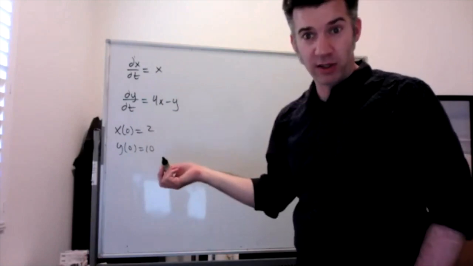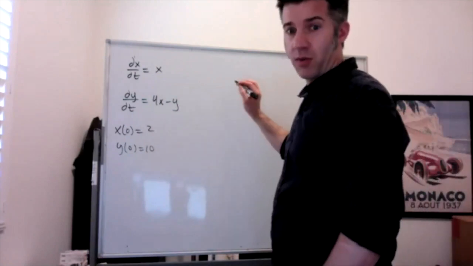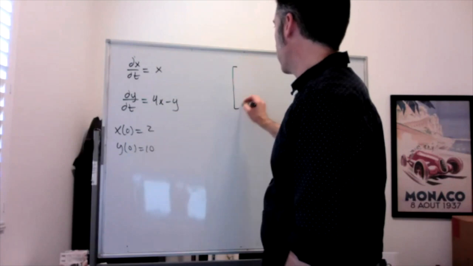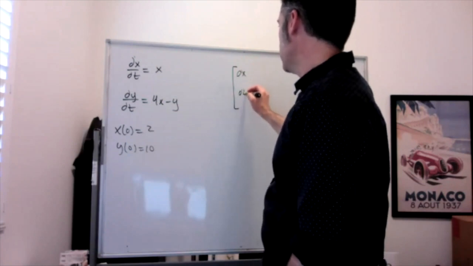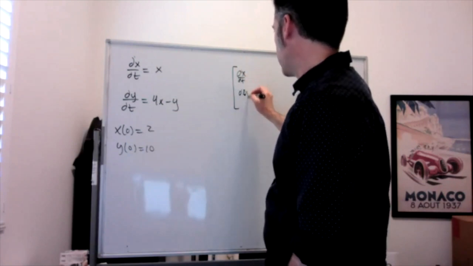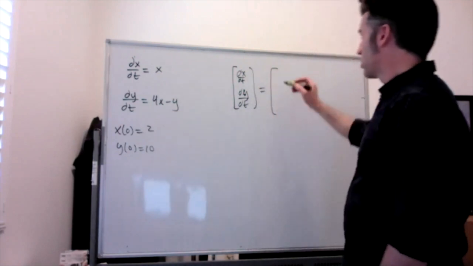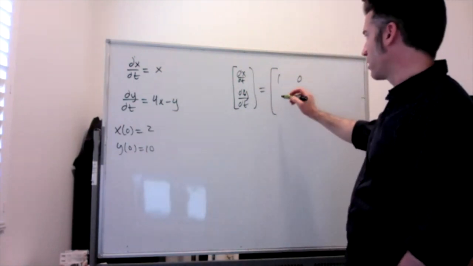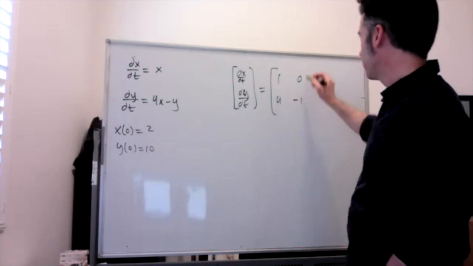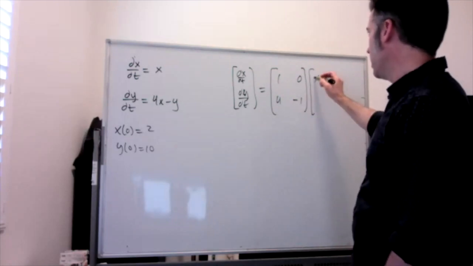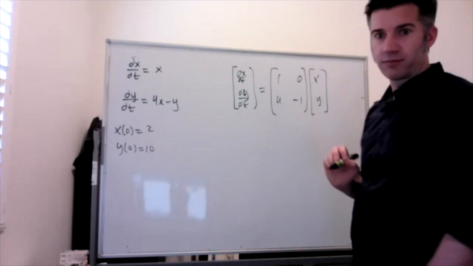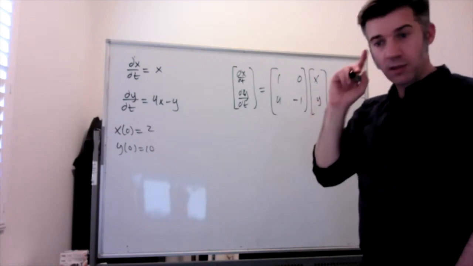So let's set up a matrix. We have that in matrix form: dx/dt, dy/dt equals coefficient of x, coefficient of y, coefficient of x, coefficient of y, times x, y. That's what we got.